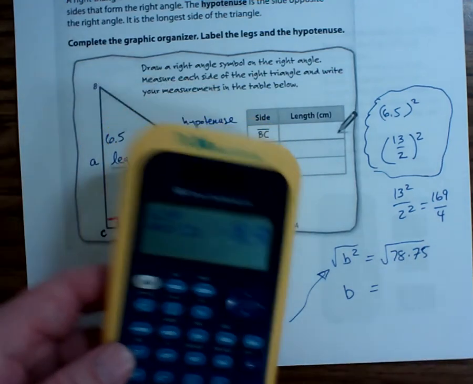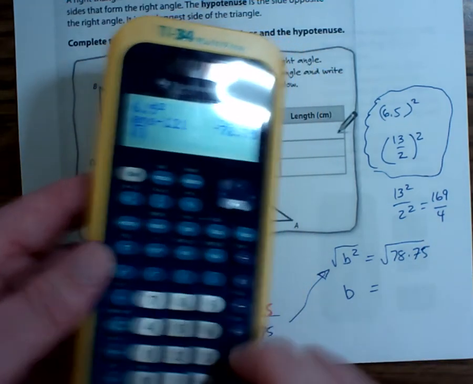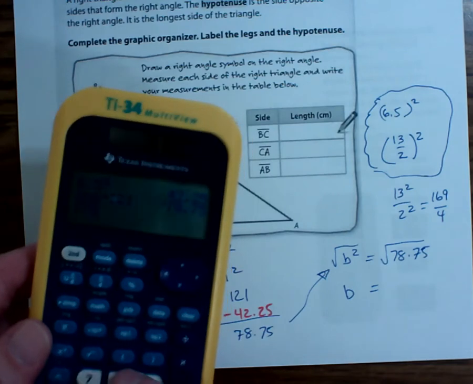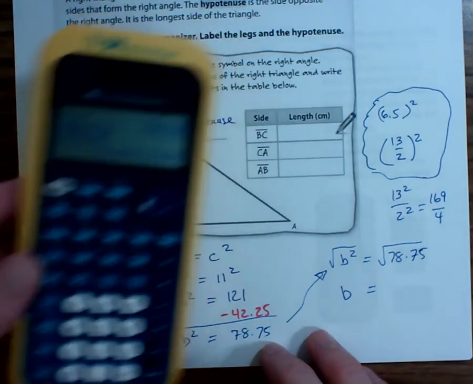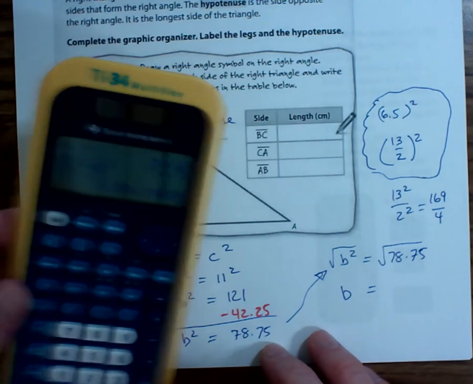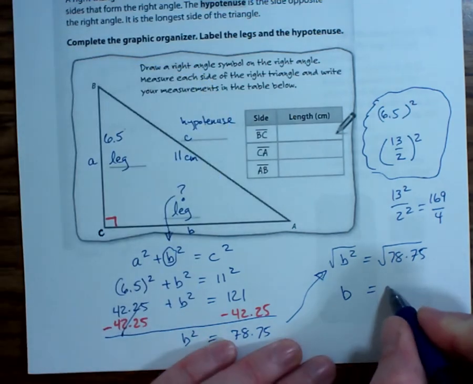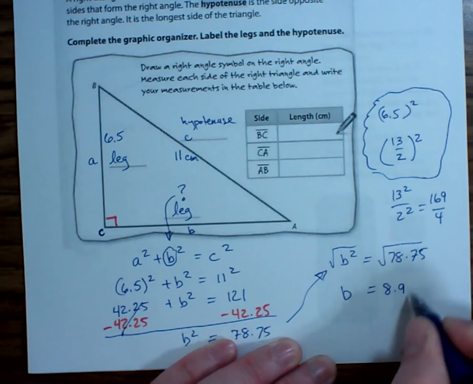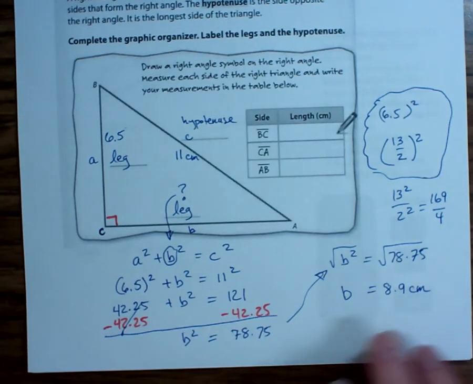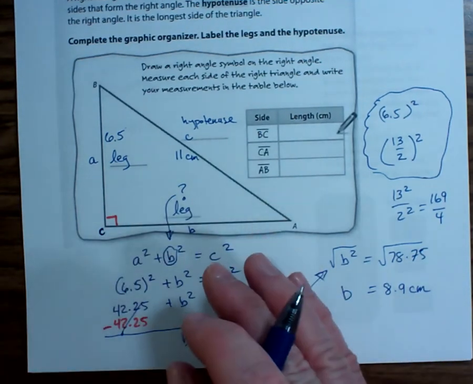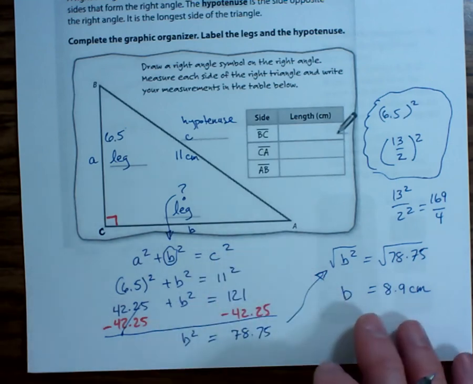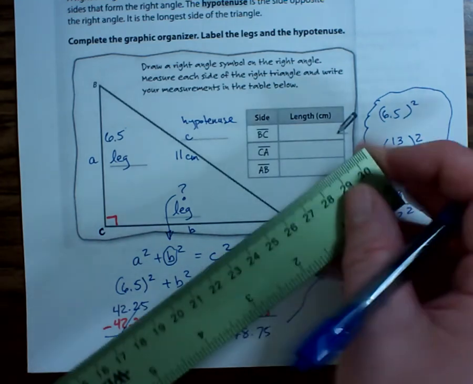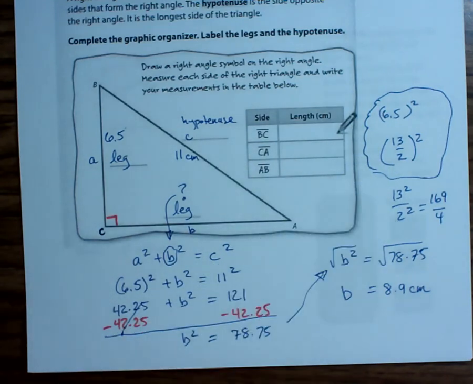But to find the exact answer, square root 78.75, and I get 8.87 or 8.9. We measured it in lesson 1, and it was 9, so that's pretty reasonable because the marks on the ruler are very small.